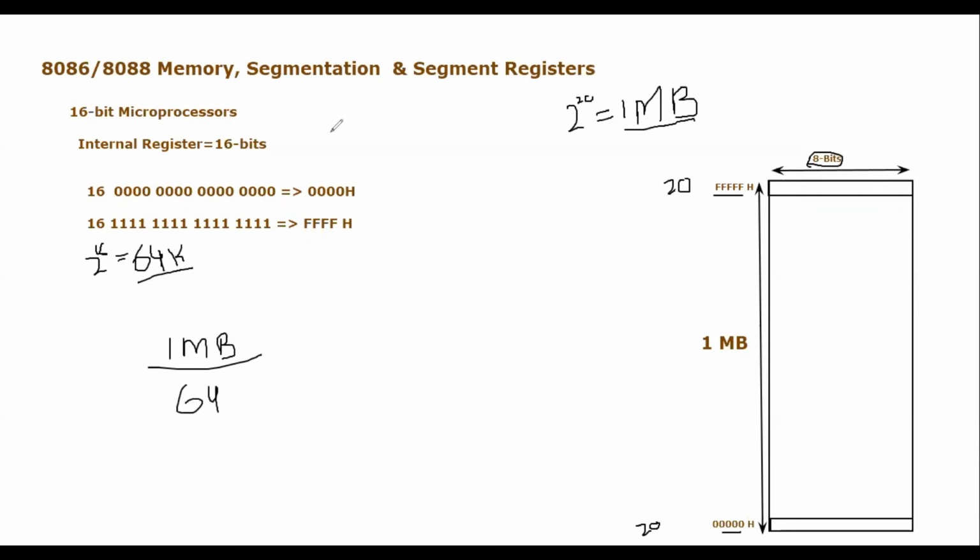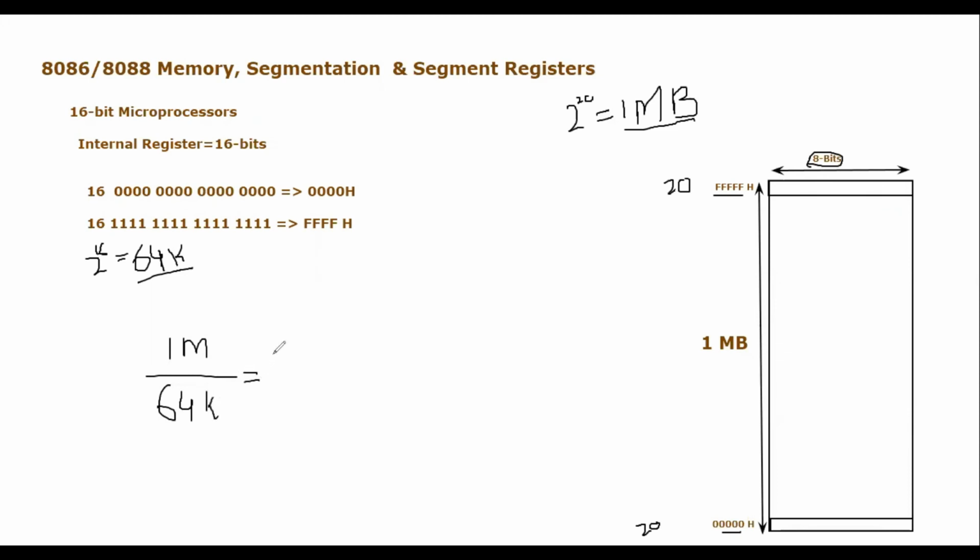I will just remove 'byte' here, because byte comes from the capacity of a single location, but we are considering the number of locations only, so we will divide 1 mega locations by 64 kilo locations, right?